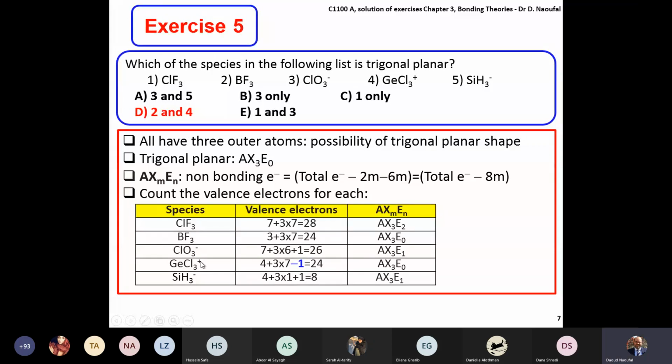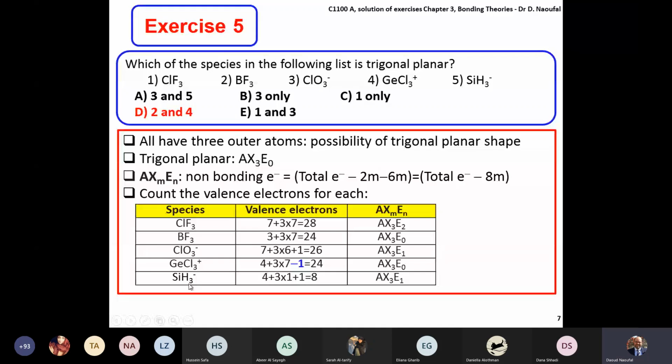GeCl3 plus: the total is 4 plus 3 times 7. Pay attention, we have a plus, this is a cation, so we remove 1 electron, we have 24. Apply this rule, 24 minus 8 times 3, and the formula is AX3E0.